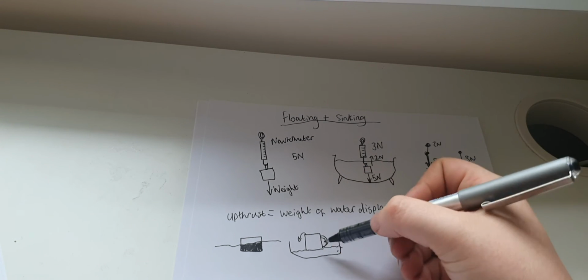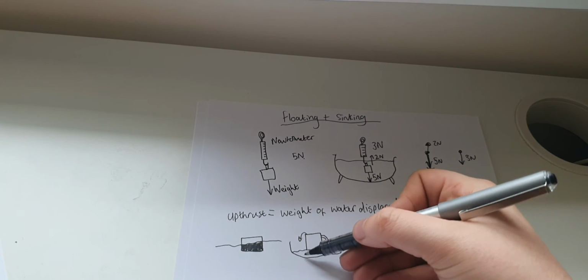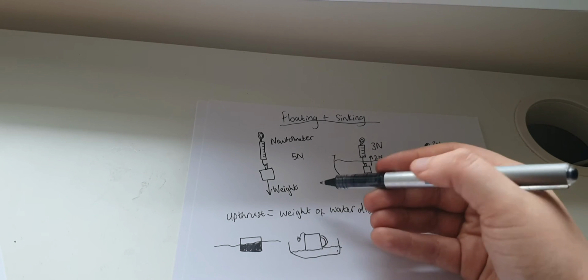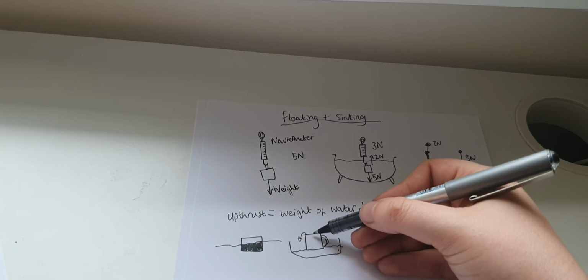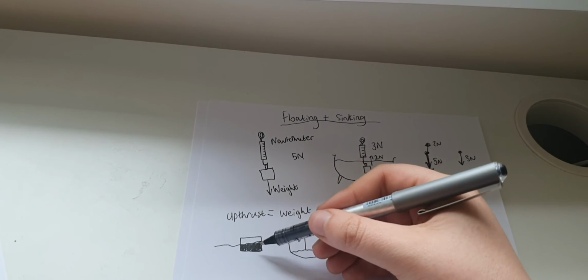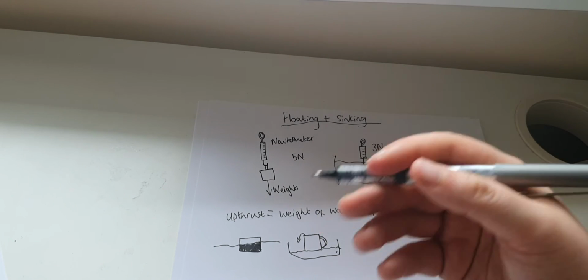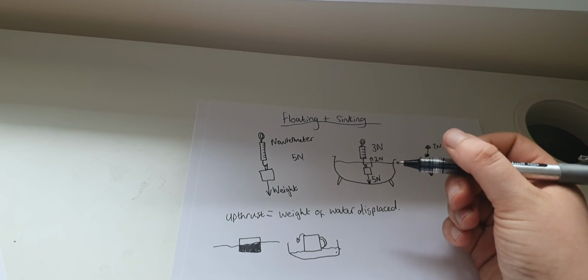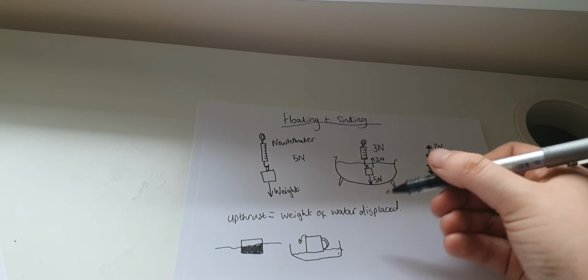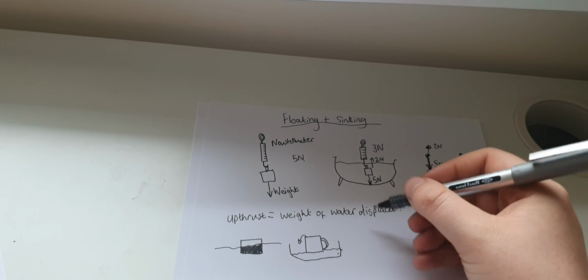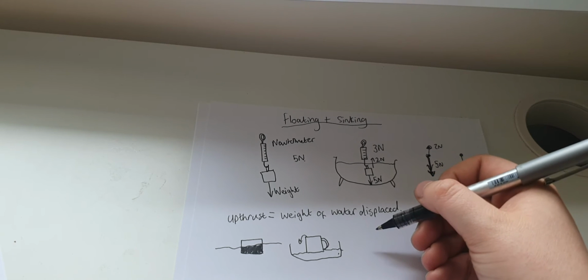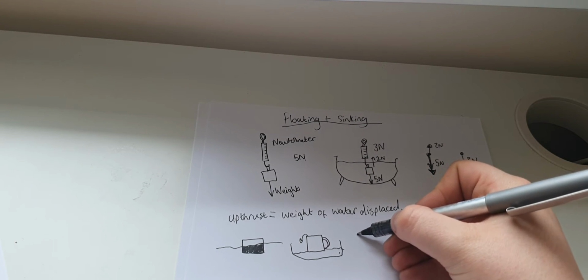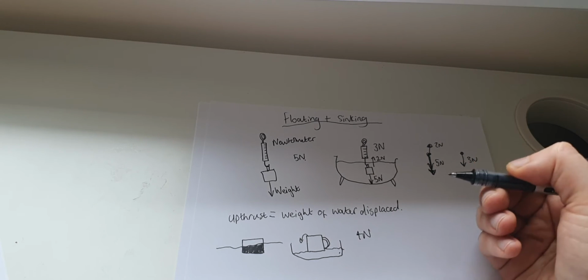So if I got this water here, let's imagine it's the water displaced by the block this time rather than me putting something in a mug, then if I could weigh that, put it on some scales, and it came to 4 newtons, just made that up.